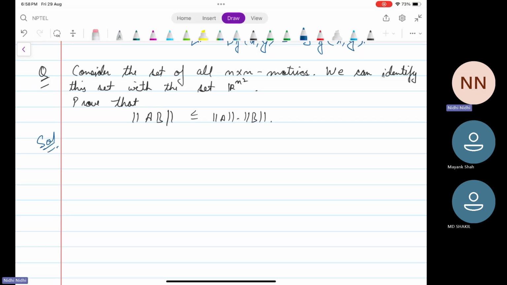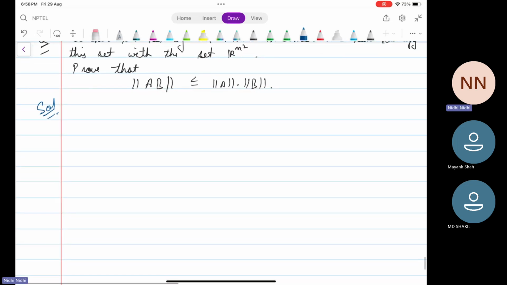Again, this is just a bit of calculation. So when we have matrix A, Aij, n cross n, and B, Bij, n cross n, we know A times B. Let's write it completely.